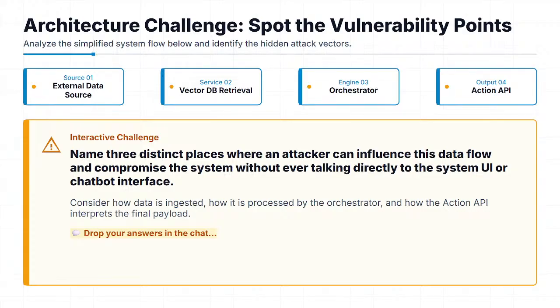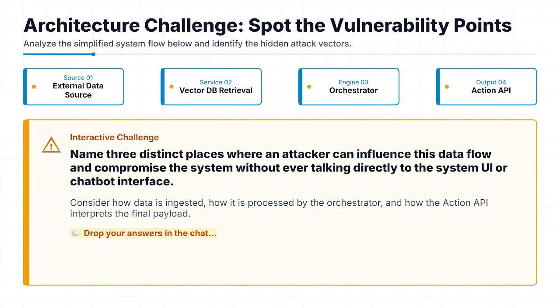Let's say we have 4 different sources that we are working with within an AI system, a very vague description of the architecture. We have an external data source, which could be a user or anything. Then we have our vector database retrieval, which has to do with the context retrieval part we are talking about. There is an orchestrator and an API that is meant to act upon it.